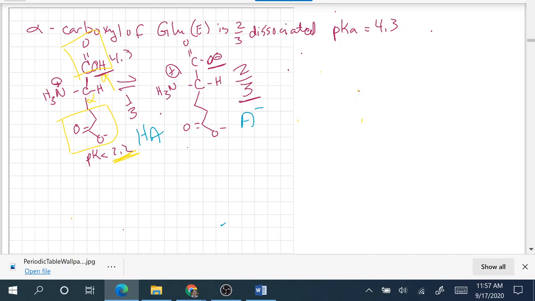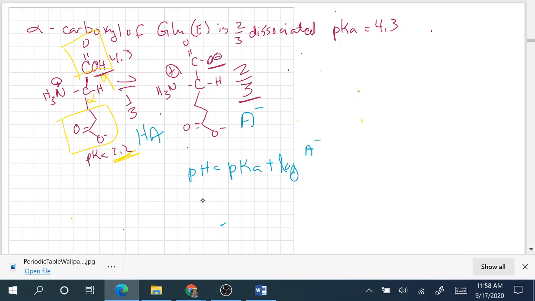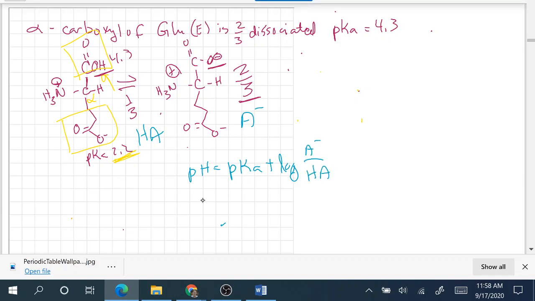So we can simply use the Henderson-Hasselbalch equation to do this calculation, where the pH is equal to the pKa plus the log of A minus over HA. Okay, and this is the pKa of the alpha carboxyl.